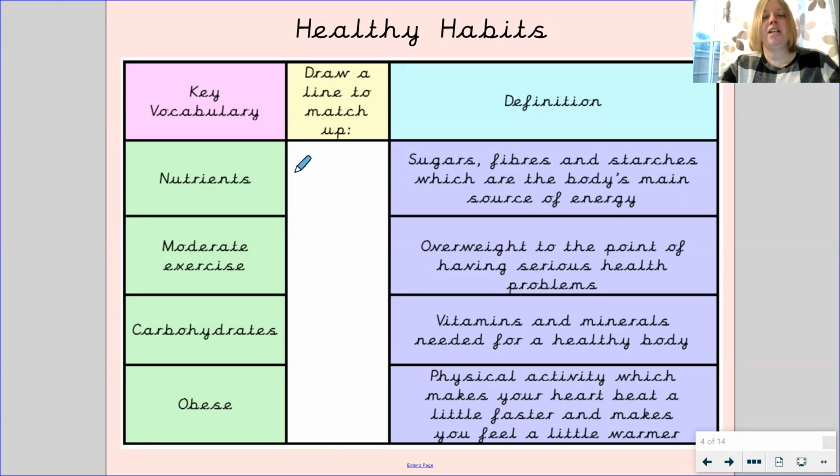So nutrients are the vitamins and minerals that we need for a healthy body. Moderate exercise is the physical activity which makes your heart beat a little faster and makes you feel a little warmer.